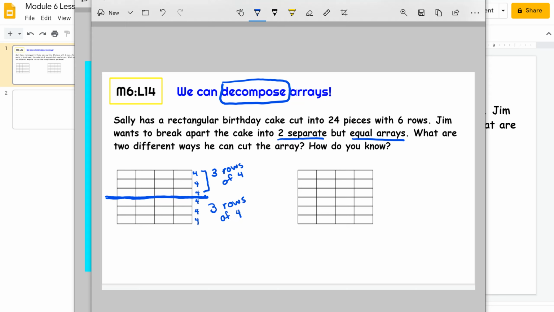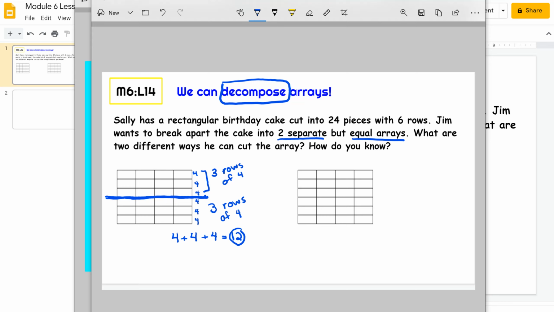So when I think about the value of each part, 4 plus 4 plus 4 is equal to 12. So one way that he can cut it is he can cut Sally's cake into 3 rows of 4, and you would still have 2 equal pieces with 12 slices in each.